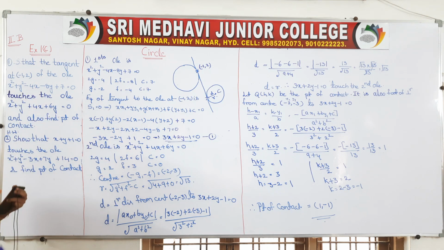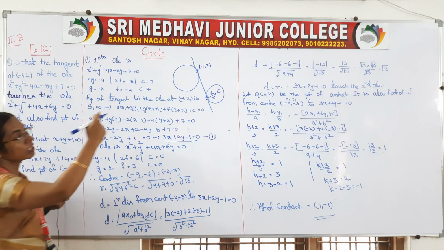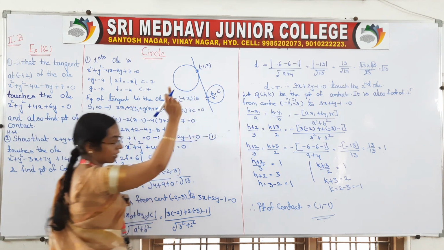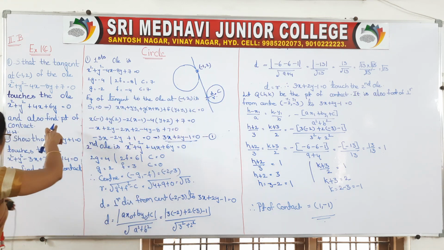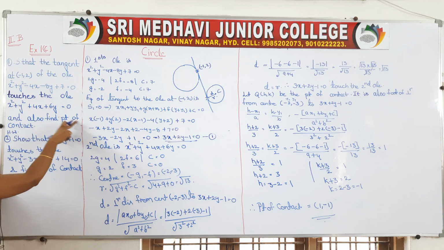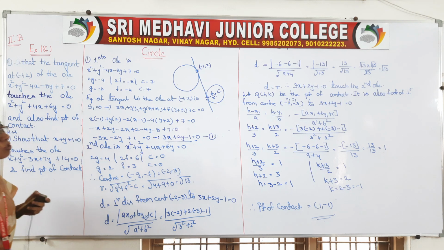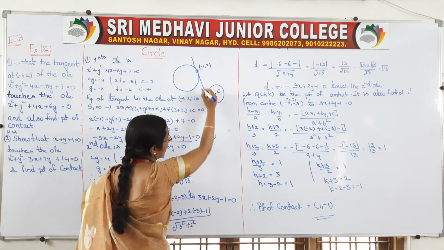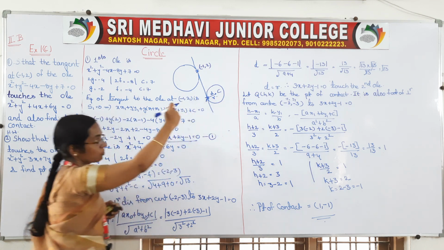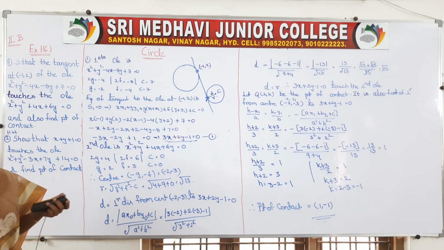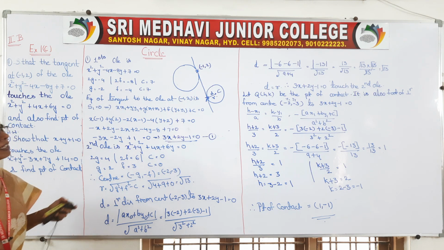First we have to prove that the tangent of the first circle touches the second circle. Next we have to find the point of contact, that is, where that line contacts this circle. We have to find that point also. So 3 steps are there.